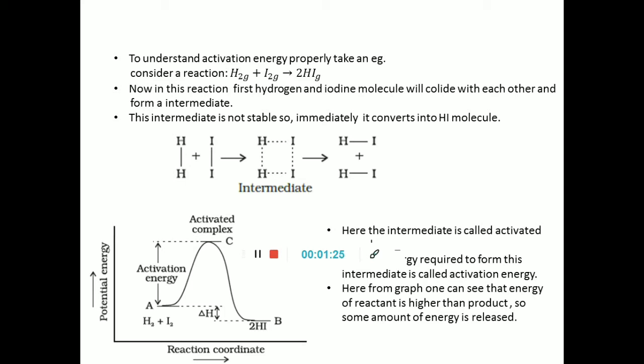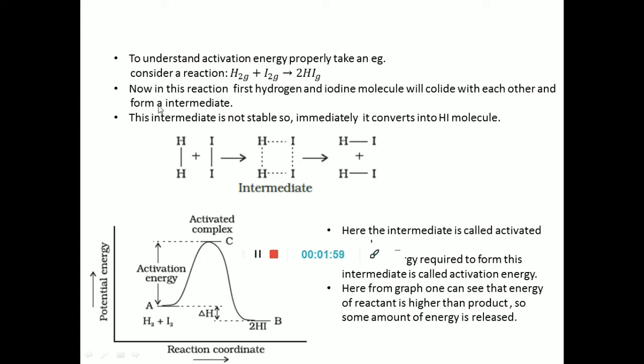Now, what is activation energy? To understand that, take an example here. Suppose we have a reaction H2 plus I2 gives 2HI. All the components are in gaseous form. In order to react with each other, these both molecules, H2 and I2, will have to collide with each other.